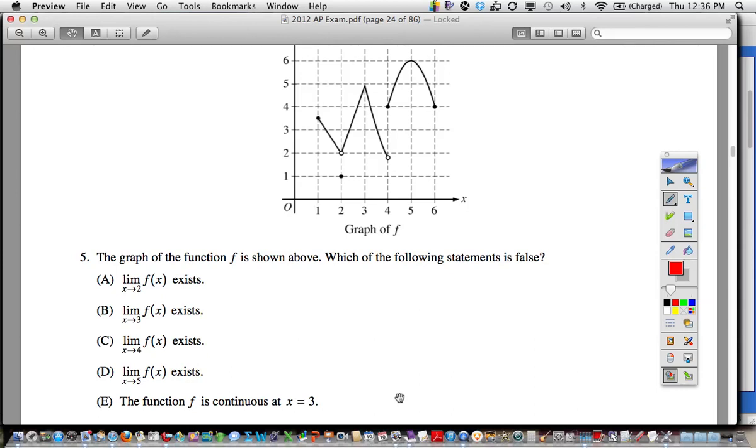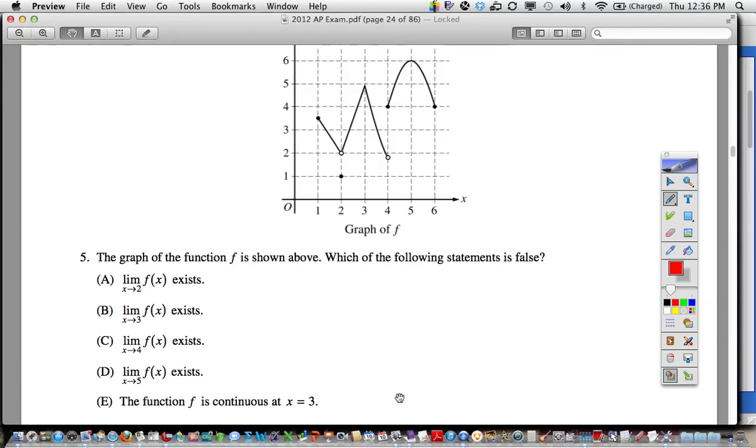If you can't read this, it says the limit as x approaches 2, approaches 3, approaches 4, approaches 5. Okay, which one is it?